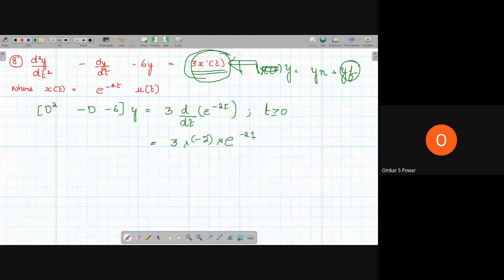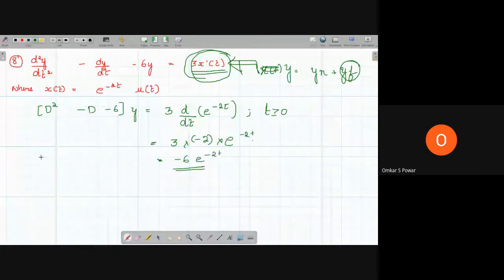So 3 into minus 2 is minus 6 e power minus 2t. Okay. So first thing you have to do is write step by step. I know this differentiation and all I can do it, but if you substitute it and write it properly, there will be a flow, and for you to solve it will be easy. Okay. Now let me solve them.